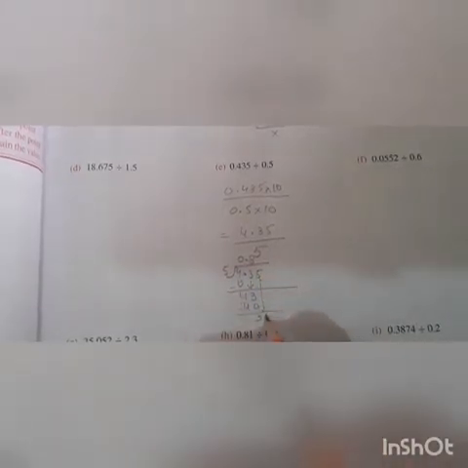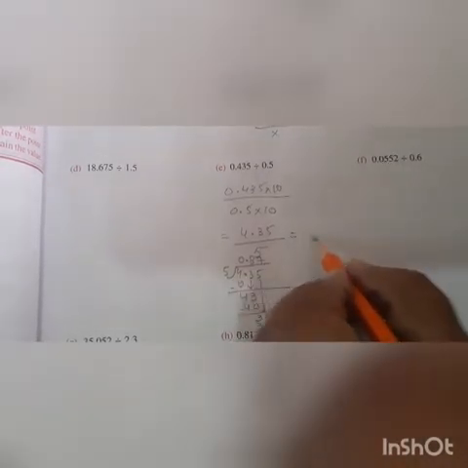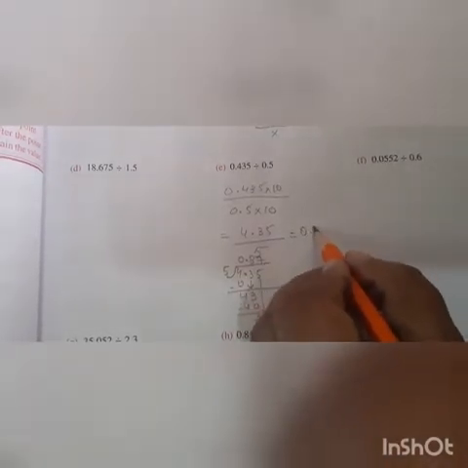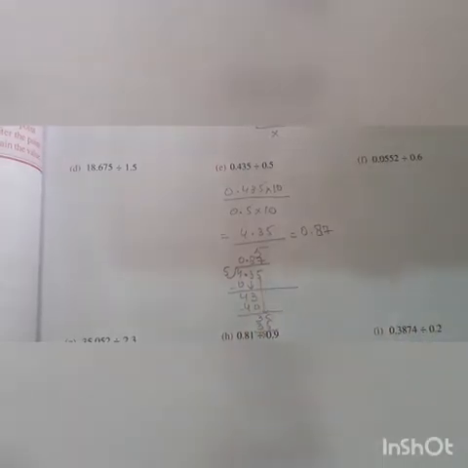We subtract, we have remainder 3. Now we write 5 with 3. 5 times 7 is 35. Now the answer is 0.87.